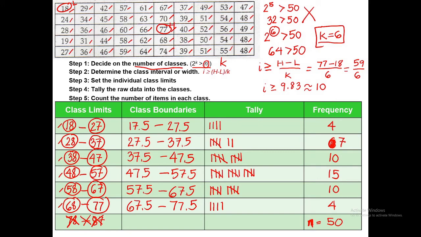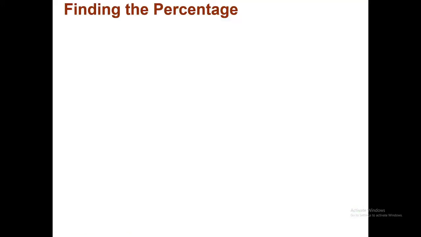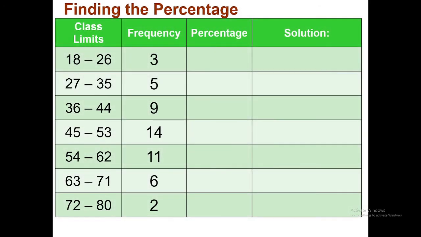Okay. Now, let's have other data. I have here a list of data. This is in table form already. This is not the raw data anymore. You are given already the class limit and the frequency. Now, how do we get the percentage?